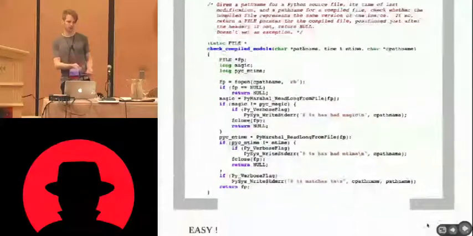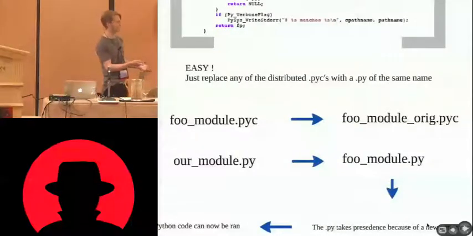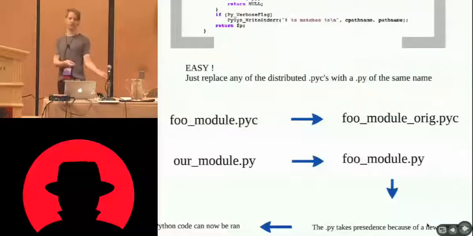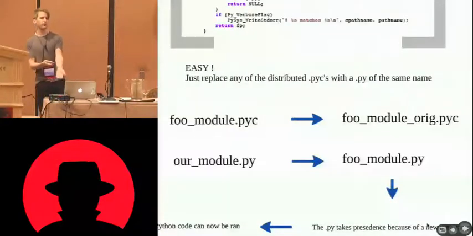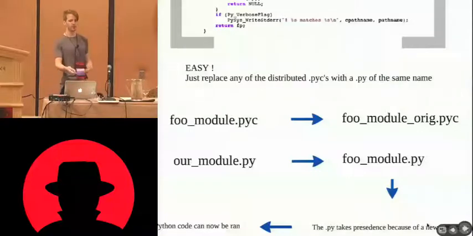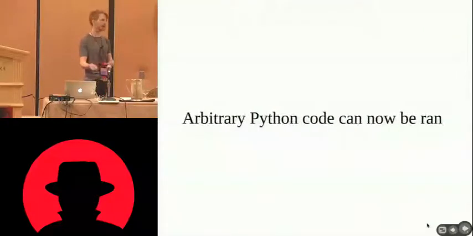So if there was a foo_module.pyc which you want to get in process, rename it to foo_module_original, take your module and rename it to foo_module.py. Your .py will have a newer timestamp, so it will be accessed in preference to their .pyc, and then from your module you can execute arbitrary bytecode.